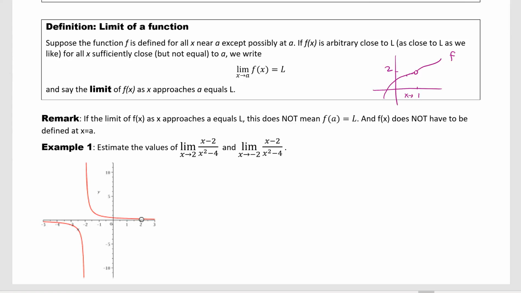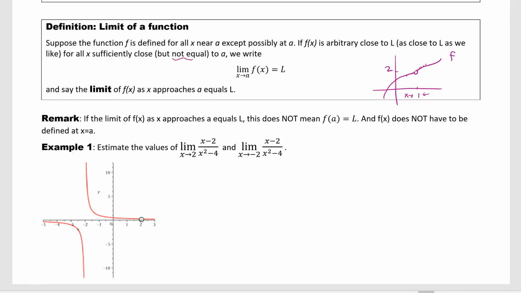And also if we are here, when x is getting close to 1, y is getting close to 2. However, the function does not have to be defined at 1. Maybe that point is missing. That's why I put an open circle right there, because for limits, you just want to know the situation near the point, but not exactly at that point.